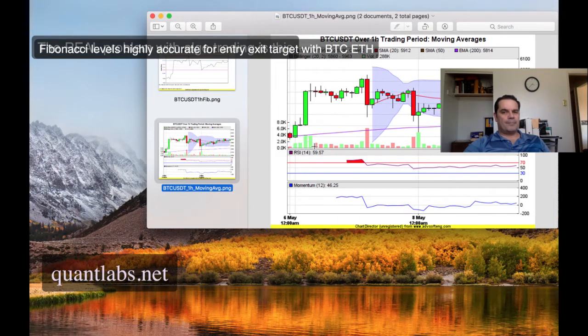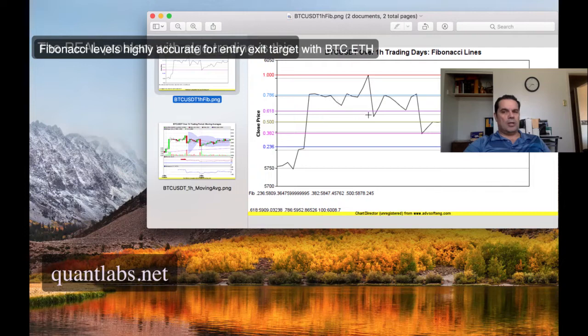But here's the problem. As I talked about the big moves, these big down moves, these are hard to watch. But if you're only watching here and you are either breaking through, putting your entry at the 500, half a position or full position at the 618, get out at 786.